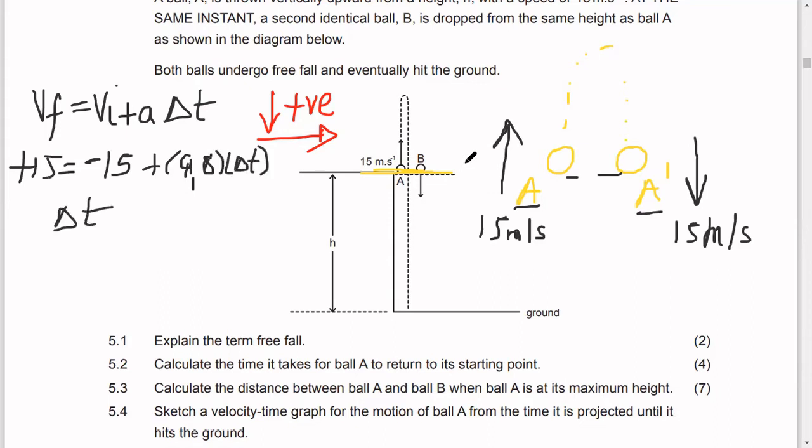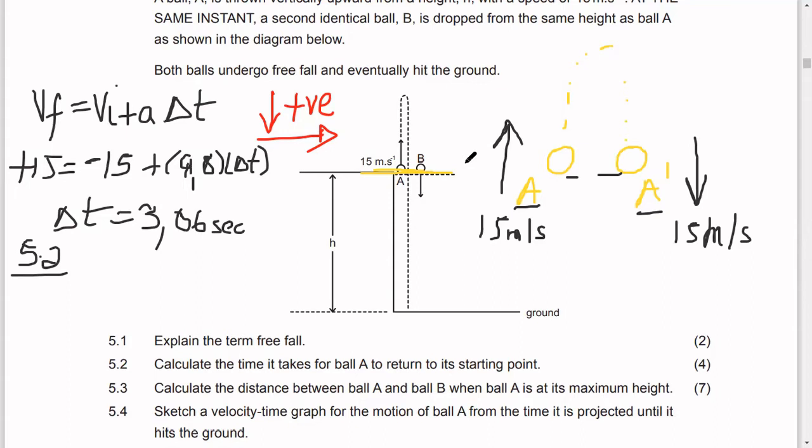Therefore, my delta T would be 30 divided by 9.8, which equals 3.06 seconds. So it takes 3.06 seconds for the ball to go from A to A prime, from where it was thrown back to its starting point. That would be your 5.2.